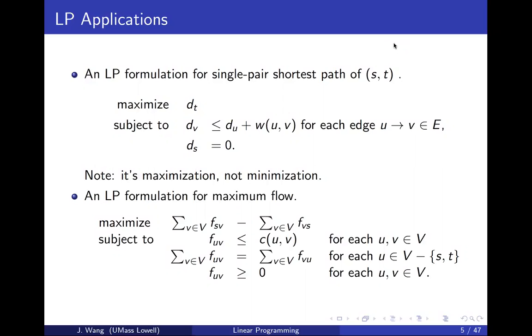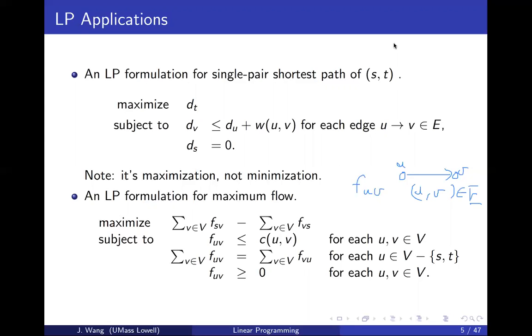First we need to set up some variables. So that's f. Let f sub uv be a flow from a node u to a node v if uv is an edge.